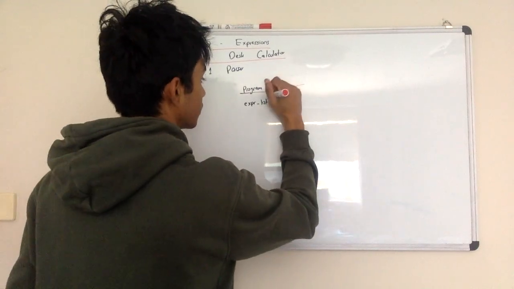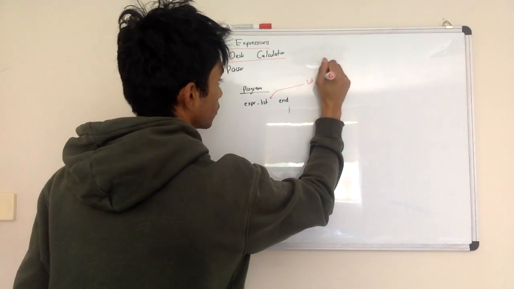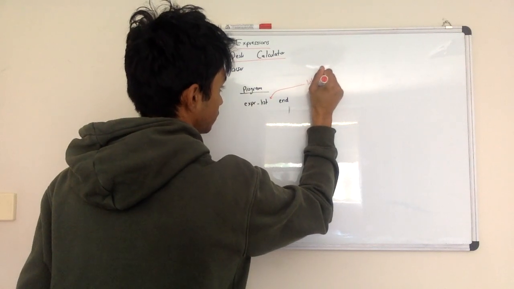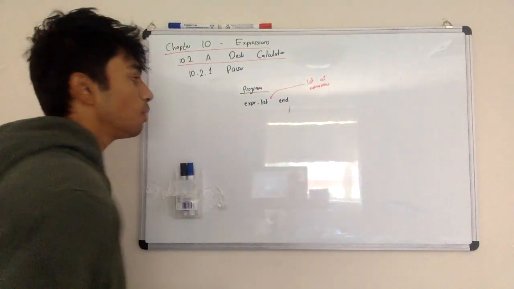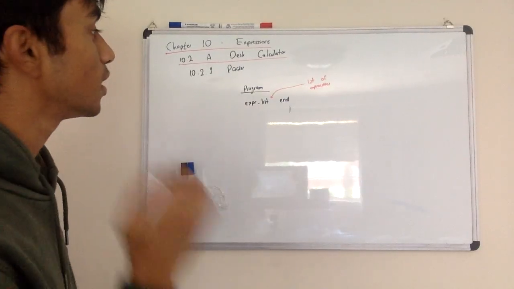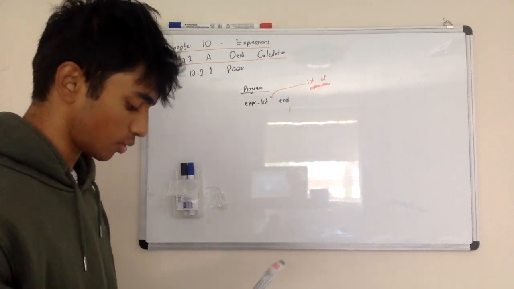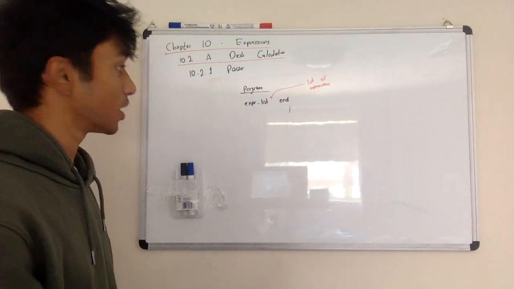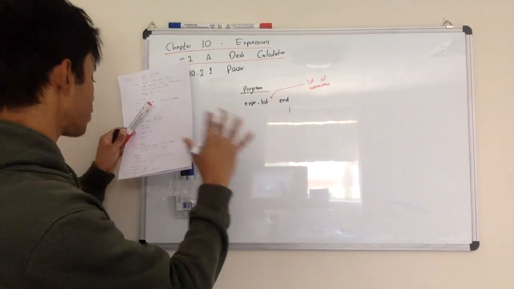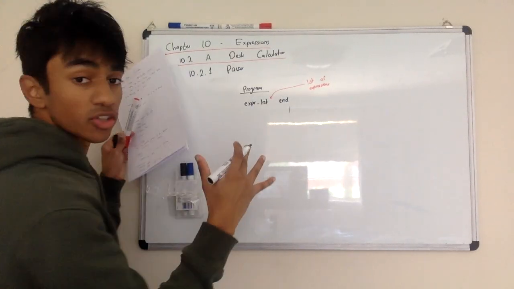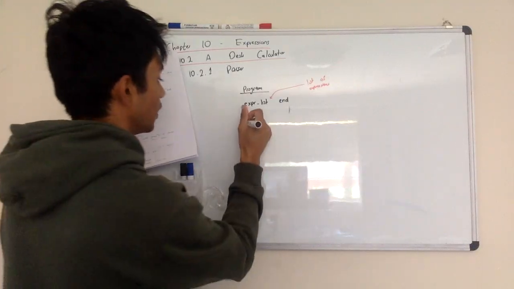So expression list is literally just the list of expressions. And what we're doing right now is we're going to try and define our overall program in a recursive way. I'll show you and I'll explain what that means. So in the sense that expression list, we're going to in turn define as well.